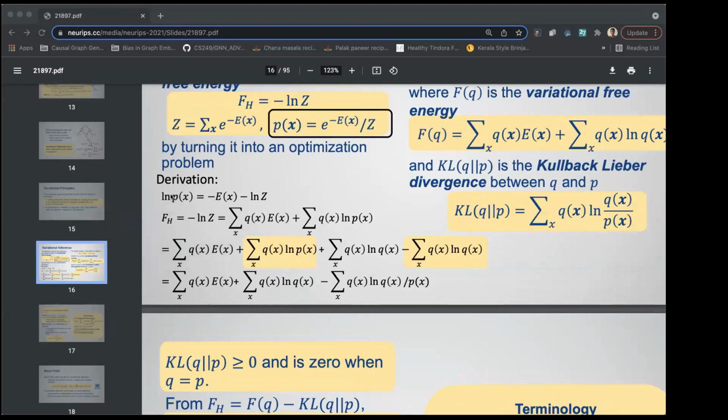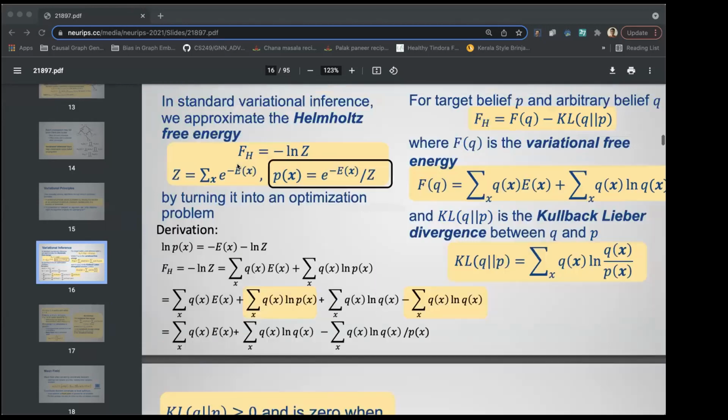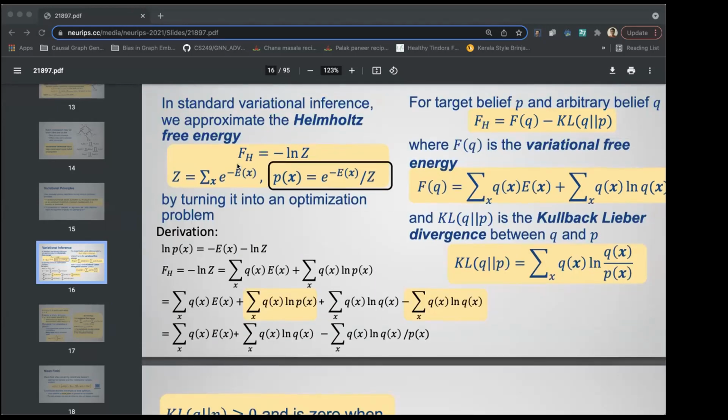So we have this log of the joint distribution, which is going to be equal to, this part's fine. We also see that this is negative log of z, and this is coming from, for this portion, I fear it's like, because log z's partition function has nothing to do with x.